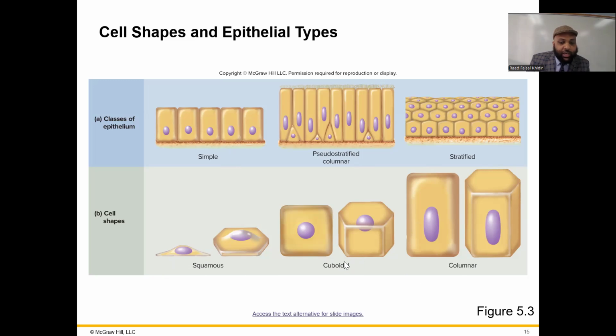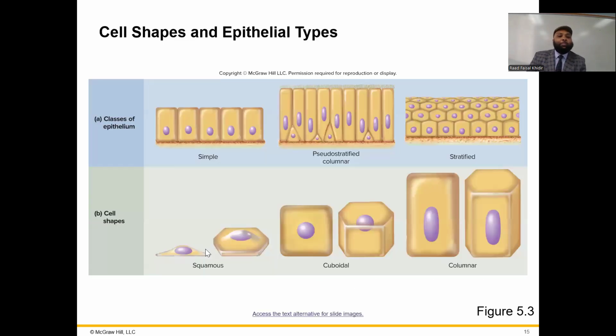Cuboidal cells are like a box, with length and width almost equal. And columnar cells have more length than width, like a column.